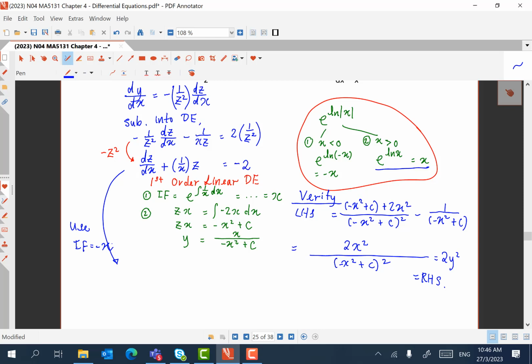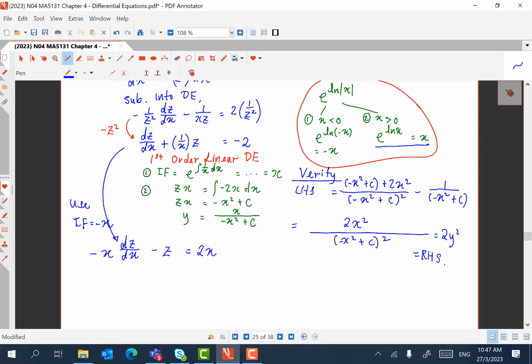Okay, let's see. So I times by minus x to the given DE. Minus x dz/dx minus z equals to 2x.